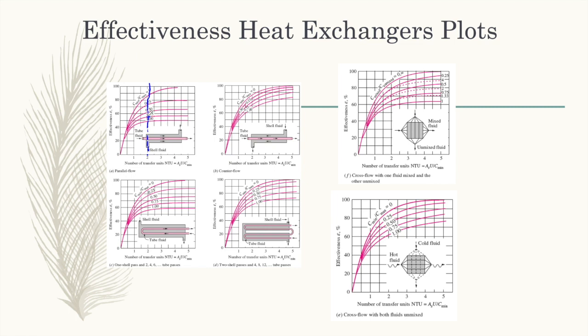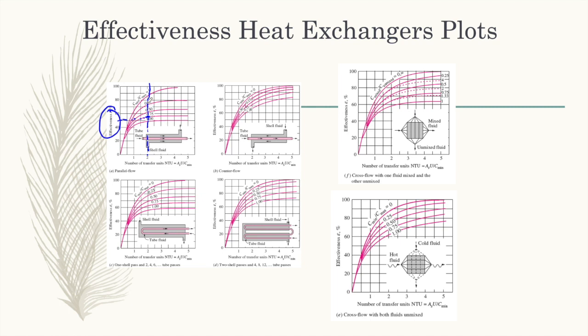Okay, so take a look at the effectiveness at the point of intersection. If you have values in between, you have to interpolate and find the point of intersection.